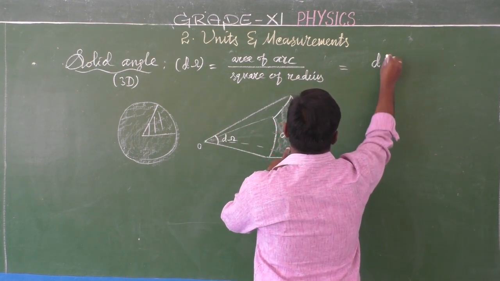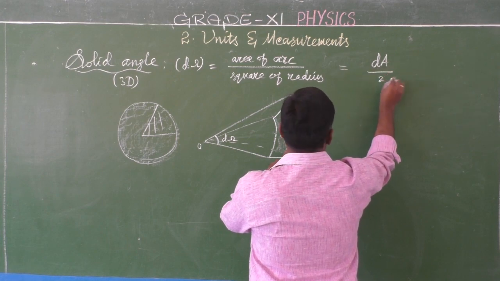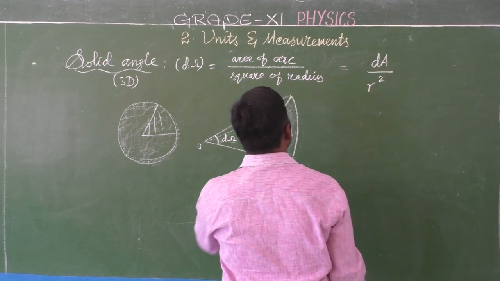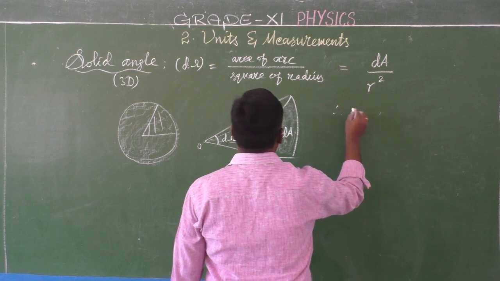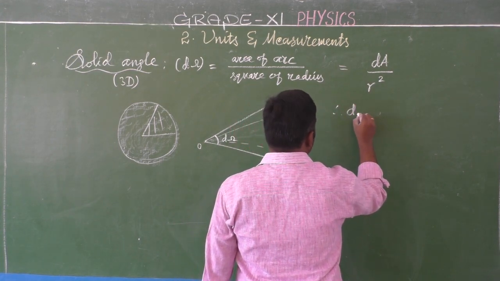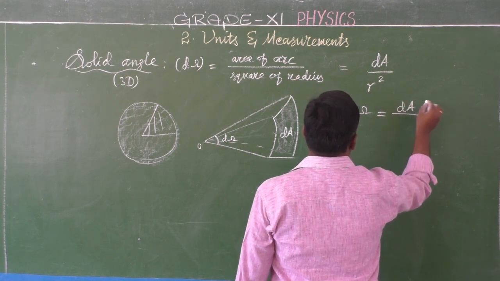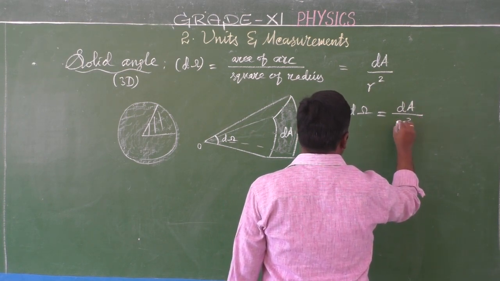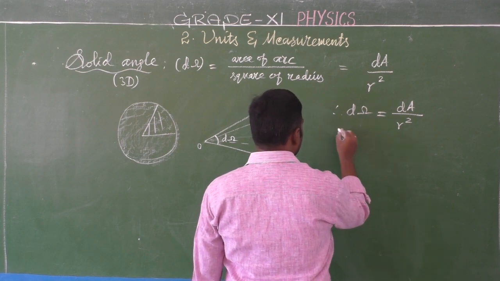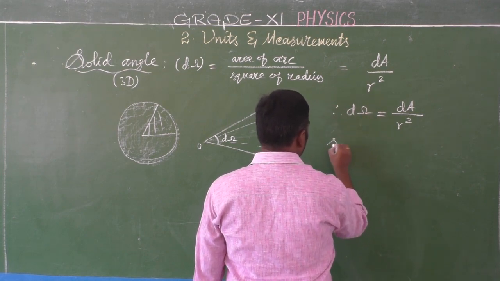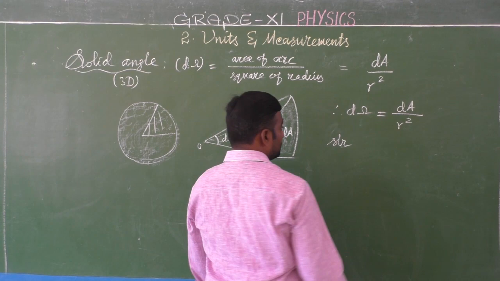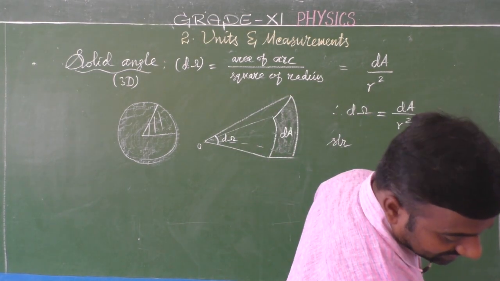The area of the arc is dA, and the ratio is dA by r square. Therefore the solid angle d omega is equal to the ratio between the area of the arc to the square of the radius, and the SI unit is steradian. For plane angle it is radian, and for solid angle it is steradian.